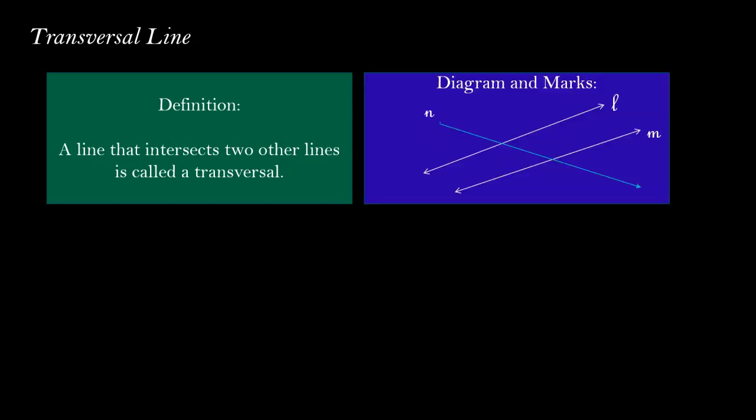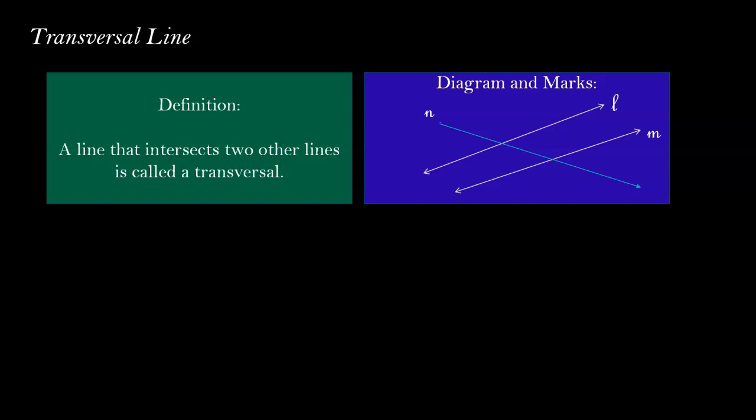A transversal line is a line that intersects two other lines. So that's called a transversal. A lot of times, but not always, a transversal cuts across parallel lines. But a transversal is any line that intersects two other lines. Here's a picture.